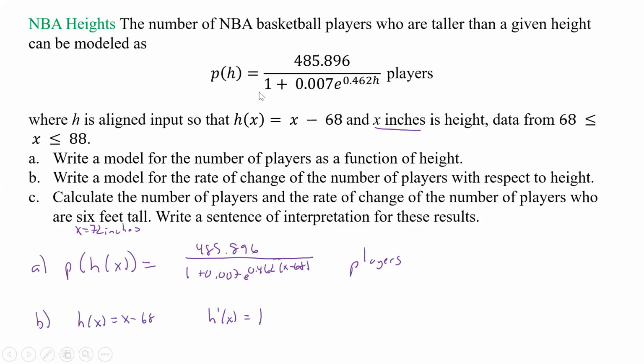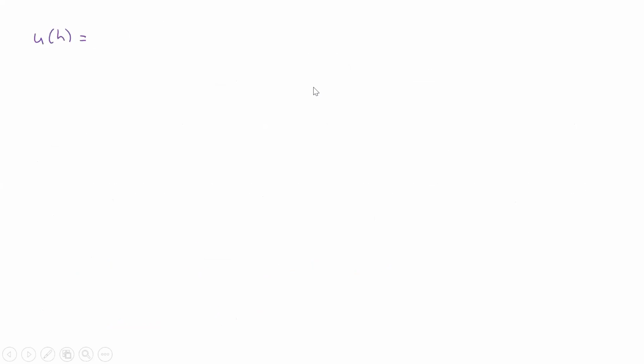So let's let u of h equal the denominator, which is 1 + 0.007 e^(0.462h).